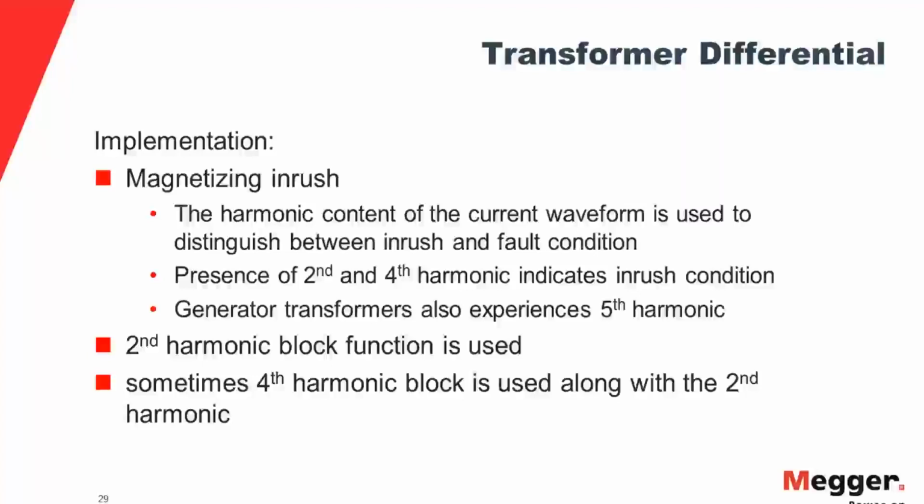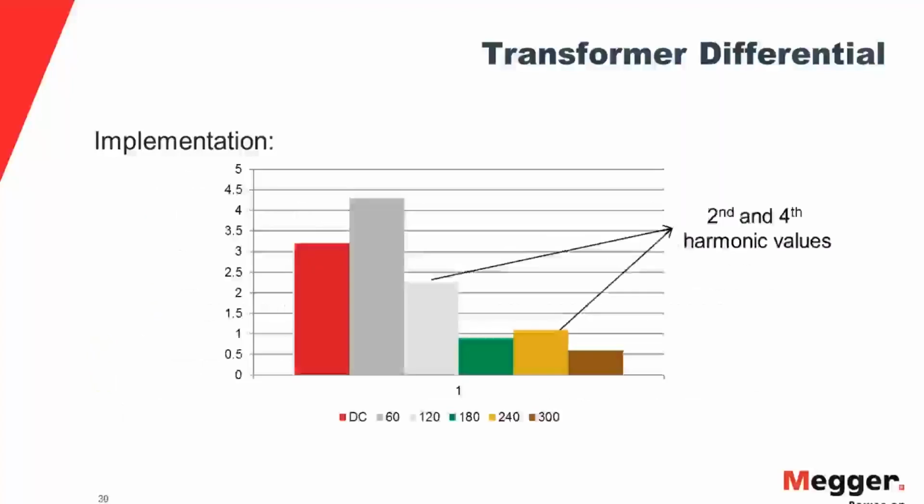So if you have second harmonic and also the fundamental current is higher than the threshold value or the pickup value, then typically you can issue a block signal or prevent the relay from operating during that condition. Because the fundamental current is higher than the pickup value of the relay, your relay will trip.